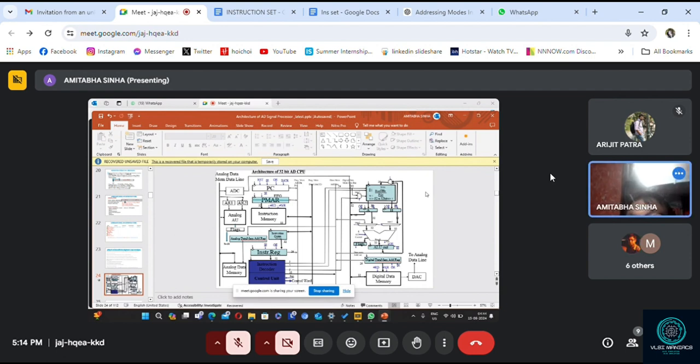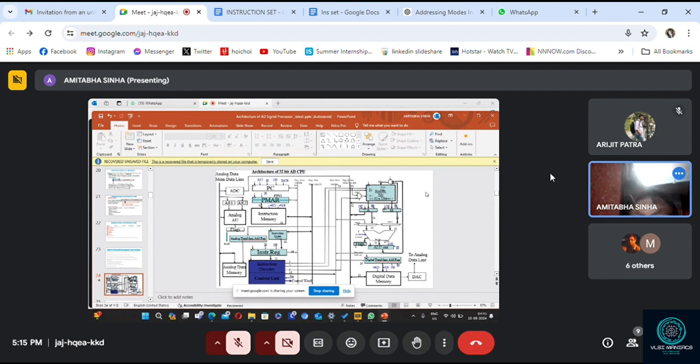You just check it. It's connected there. Now from there, where is it going? To the instruction register. So out of the instruction register, the most significant 8 bits will go to the decoder. All these things are shown here.